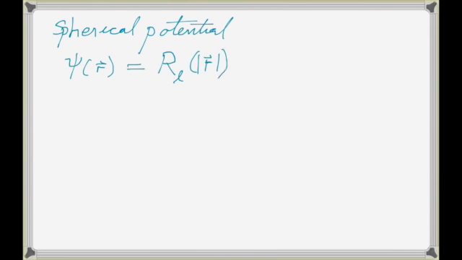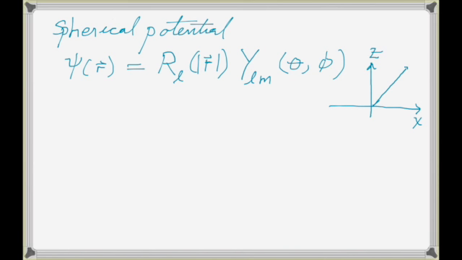The radial part's only a function of the magnitude of how far away you are from the center of the atom, times this angular part, your Y_LMs, where these are your spherical harmonics. So if you're somewhere out here at position r, this angle off your z-axis is theta, and the other one in plane is phi. So theta is your azimuthal angle, the angle off the z-axis, and phi is the other one in the xy plane. Just so you know which angle is which.